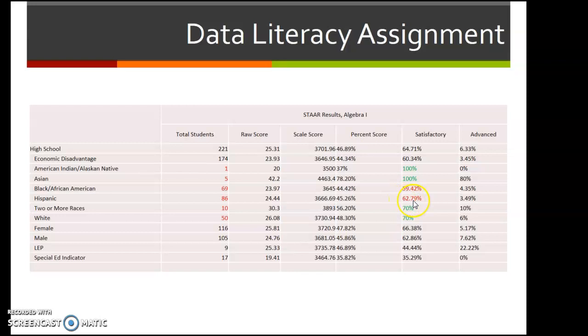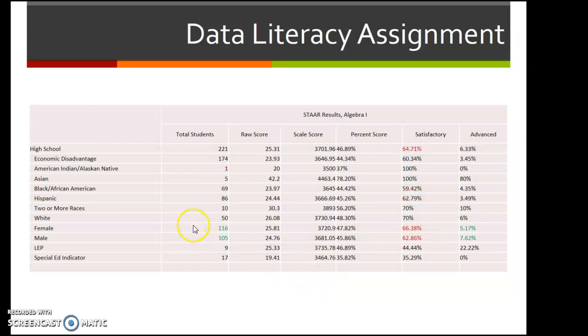And then same thing with the Hispanic students, compared to the overall pass rate, it's a little bit lower. But again, it's a large group of students. So making some kind of recommendation to look at the Black, African American, and Hispanic students. Some special kind of intervention might be necessary.